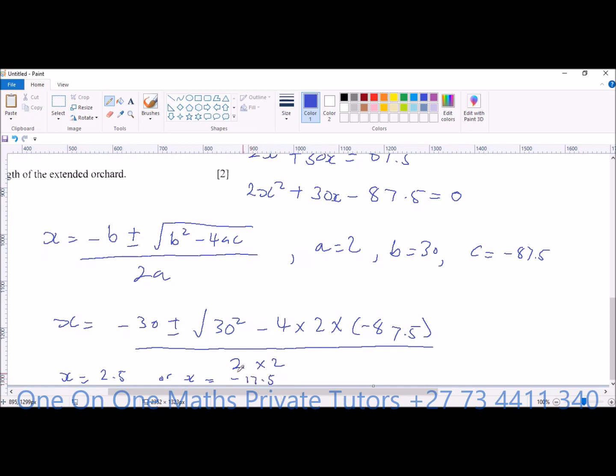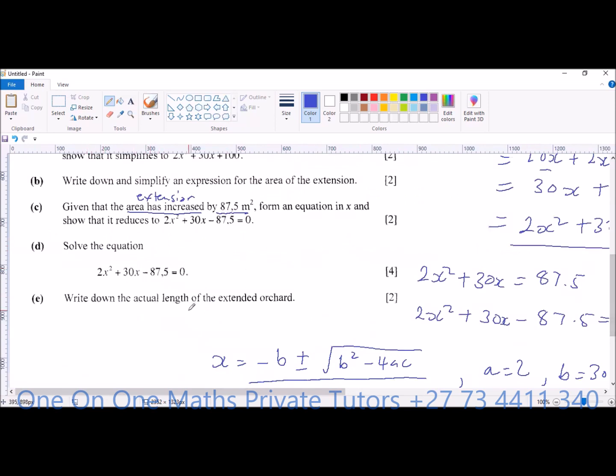Okay, we will disregard this. We will just say therefore x is equal to 2.5 because there is no negative length.